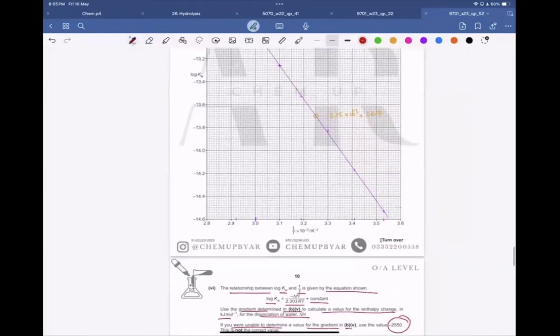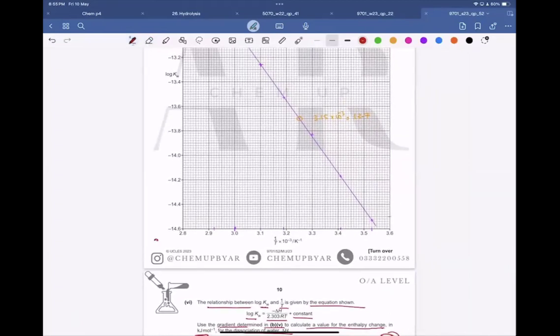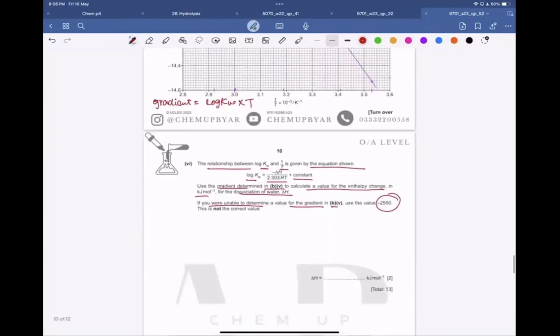Okay. So if you see the gradient, if I take the units of gradient, it's going to be log Kw divided by 1 over T. So it is actually going to be times T, because it is divided by 1 over T, so that T comes to the numerator.